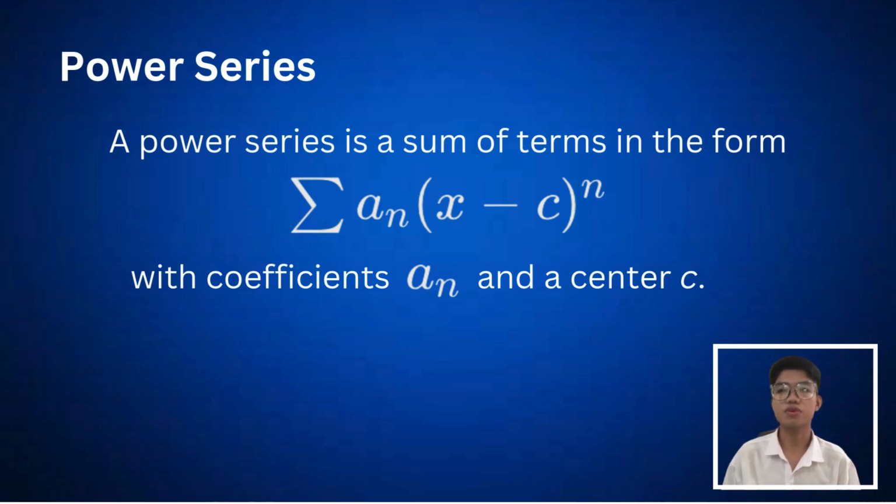A power series represents a function as an infinite sum of terms where each term involves a power of x minus c. The function f of x is defined as the sum of the terms in the series for certain values of x.